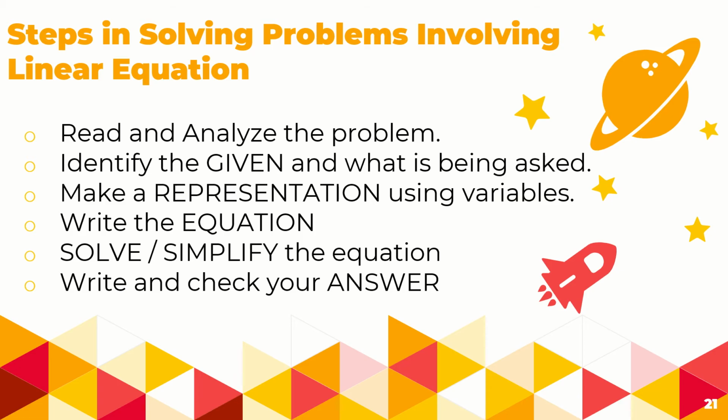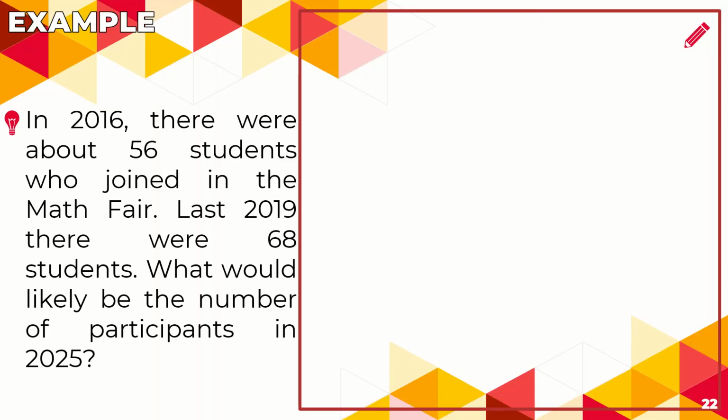Let's have an example. In 2016, there were about 56 students who joined the math fair. Last 2019, there were 68 students. What would likely be the number of participants in 2025? First thing to do is to analyze the given.